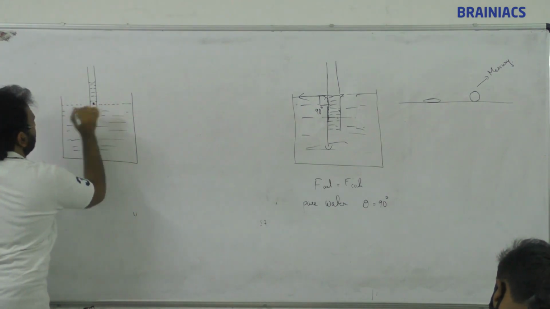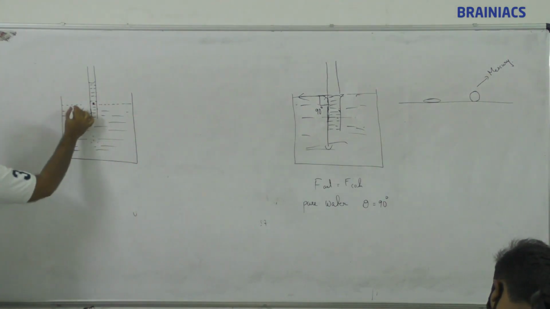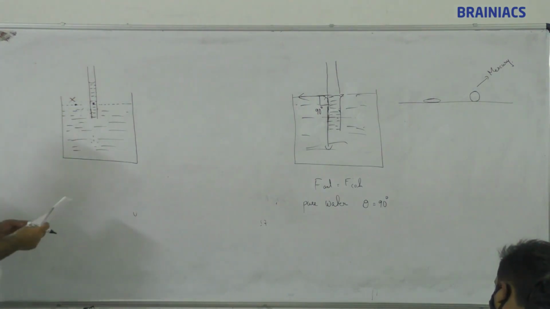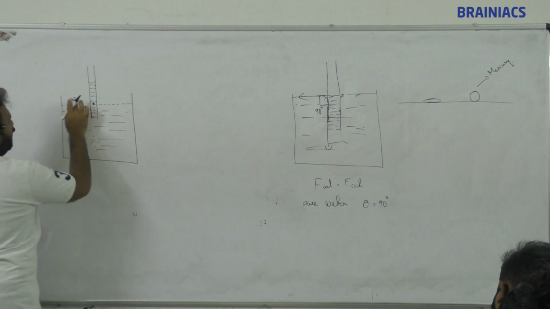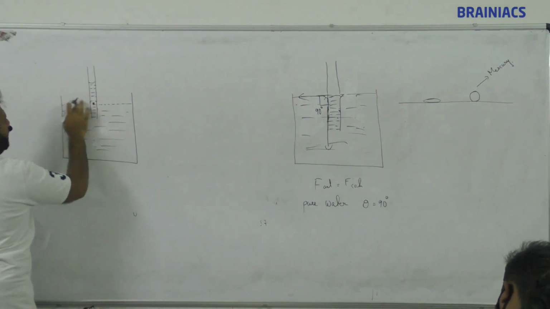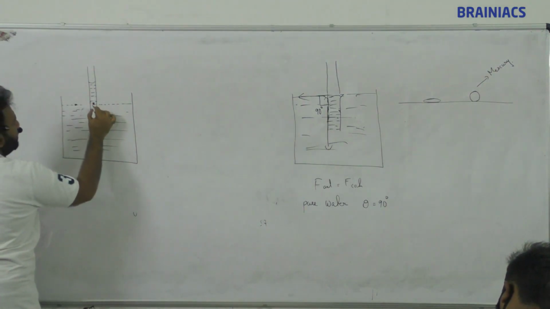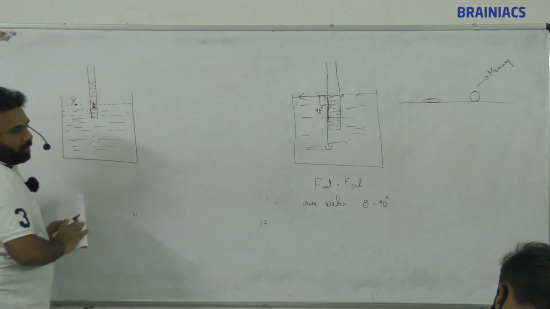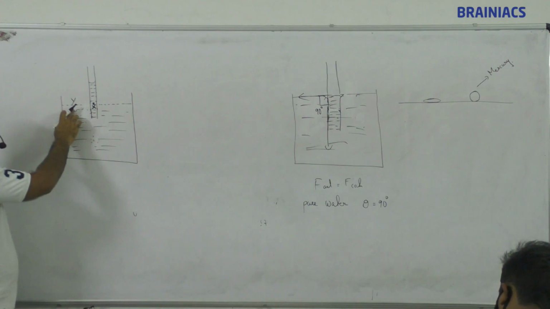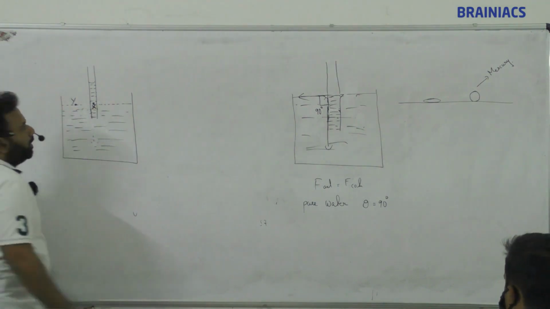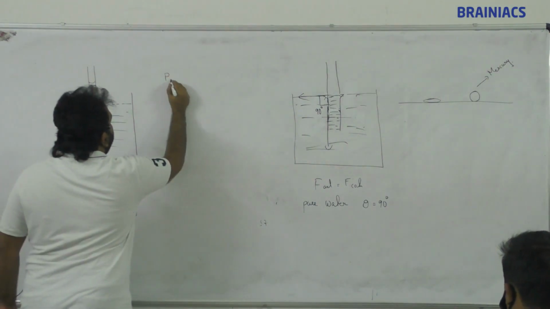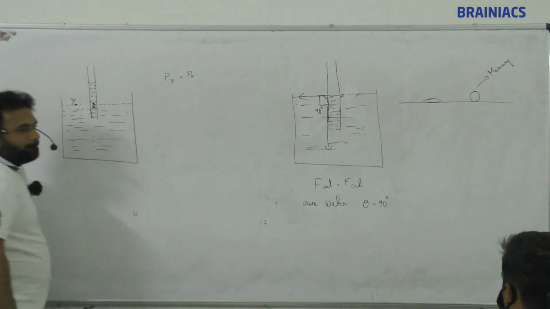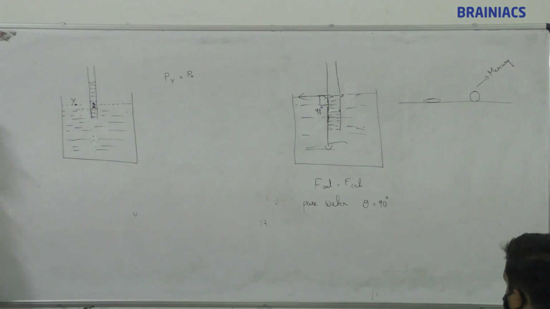Suppose I consider a point like this, and another point, this point is x and this point is y. What is the pressure at y? It is going to be P naught.